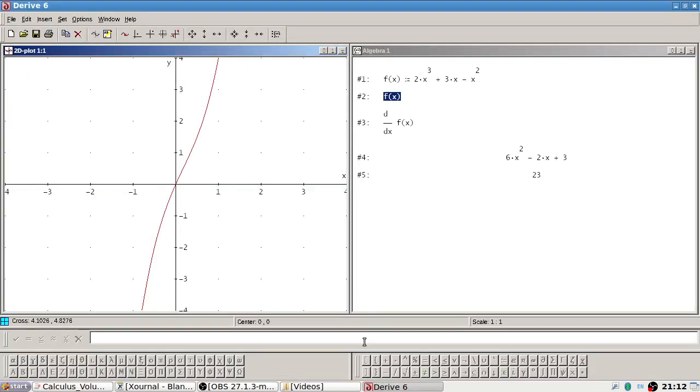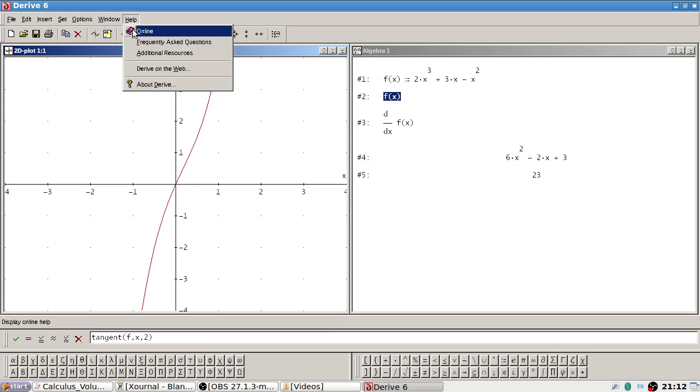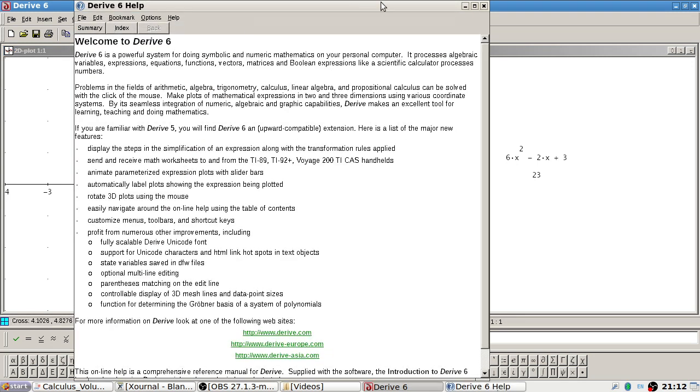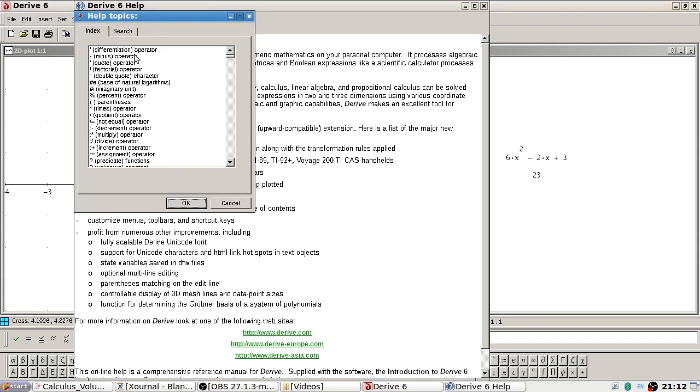the tangent line. Now, there's a way to graph the tangent line as well, but I'm not sure if I remember how to do it. Is it possibly this? That's not working. It's not quite what I want, is it? Search, not implemented yet.